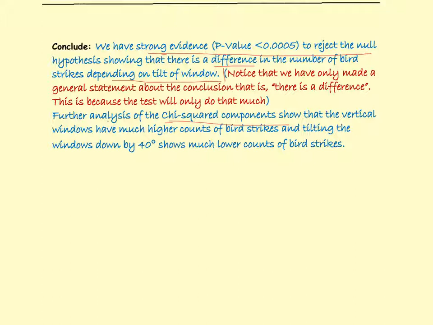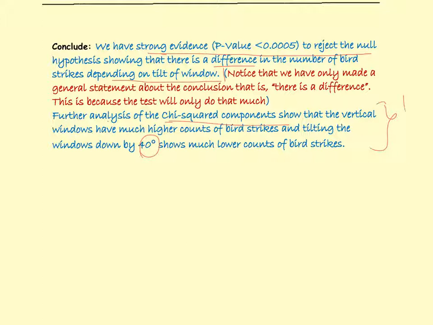So that helps us add a little more to our conclusion, which says that the vertical windows have much higher bird strikes than windows that are tilted by a certain degree, and tilting the window by 40 degrees would show the least amount of bird strikes. So that's our complete conclusion.